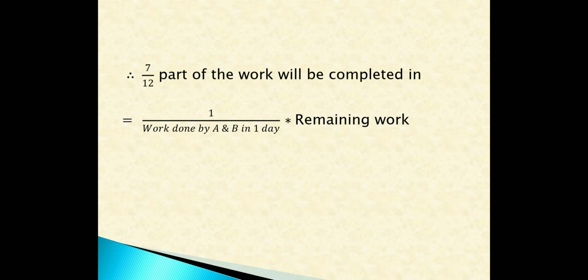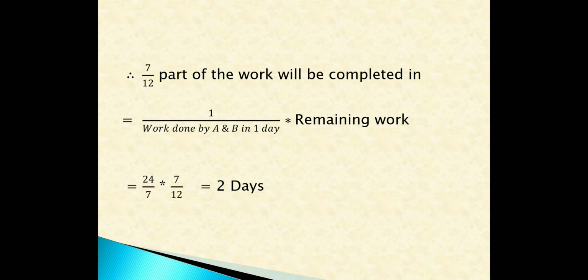Therefore, 7 by 12th part of the work will be completed in 1 upon work done by A and B in 1 day, multiplied by remaining work. Here the value of remaining work is 7 by 12. And what is the work done by A and B in 1 day? Let us find out that.